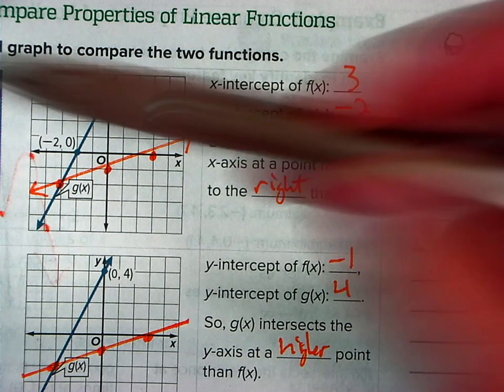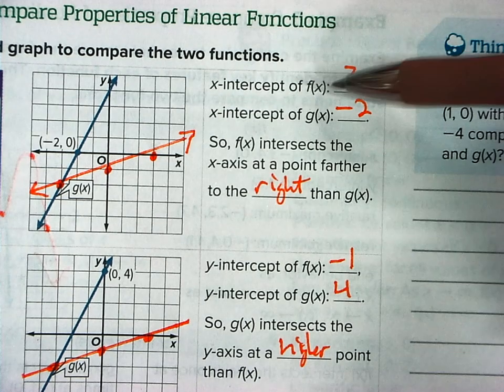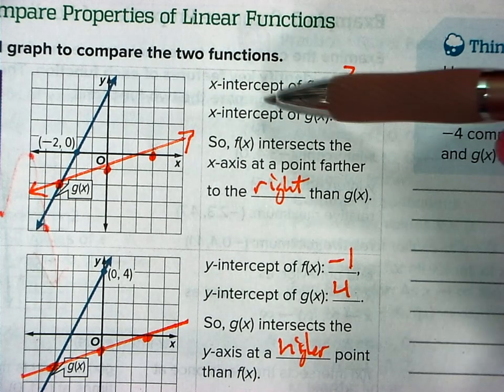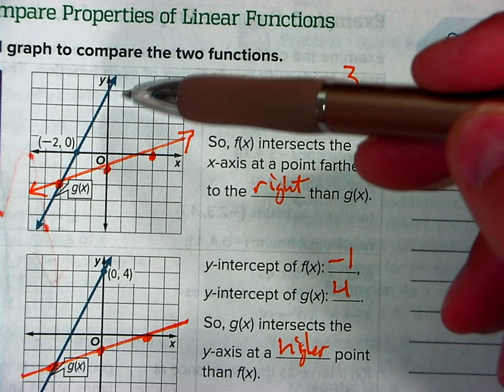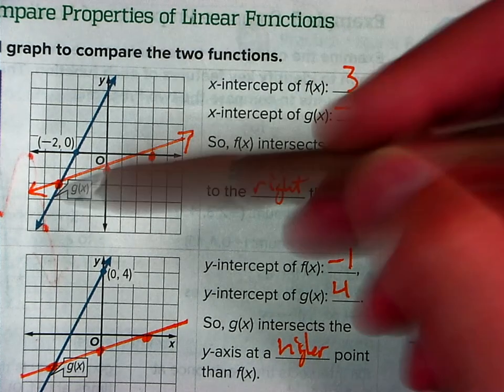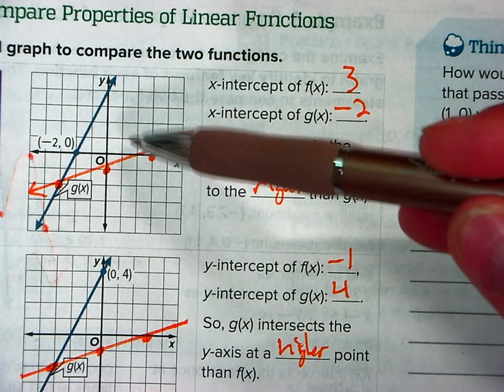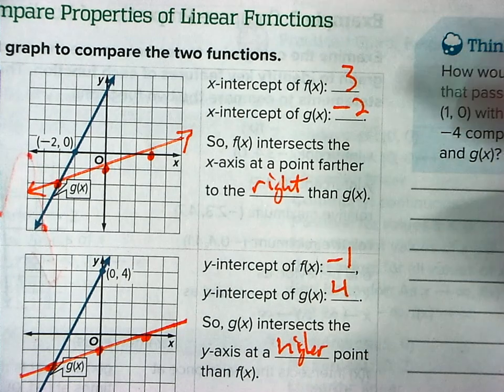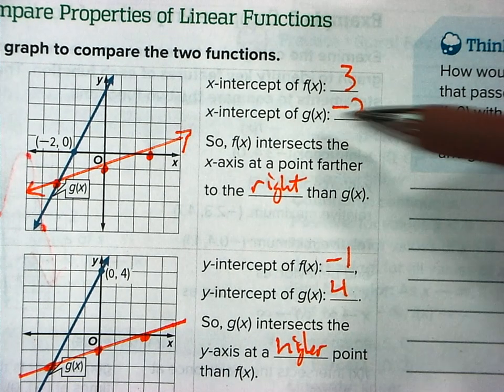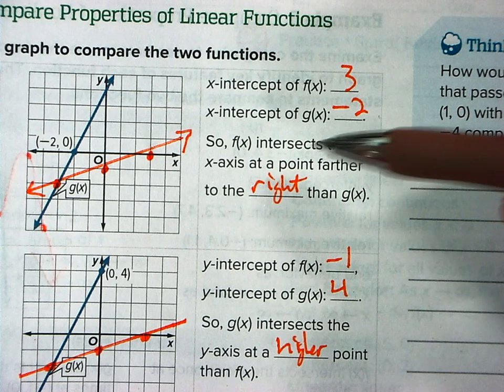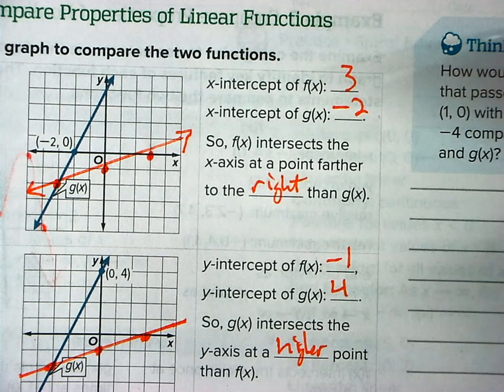F of x. So this graph is f of x. So where's the x-intercept of f of x? It's at 3. X-intercept of g of x. This one here is g of x. Where is the x-intercept of the graph that's already there? -2. f of x intersects the x-axis at a point farther to the right or to the left? To the right. There you go.